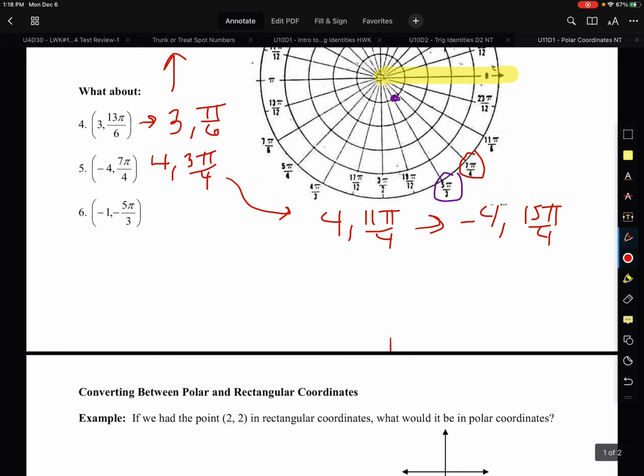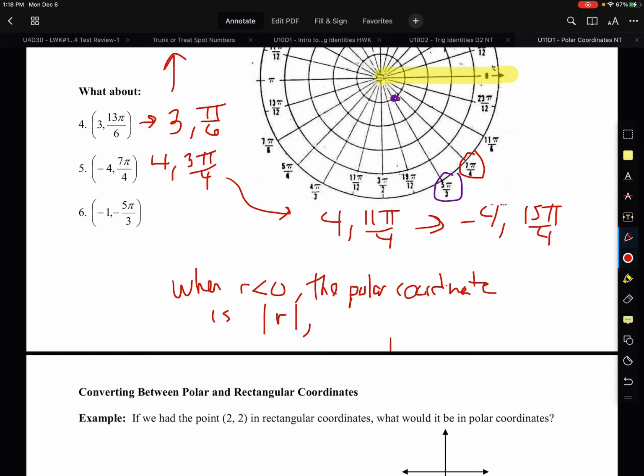All right, when r is less than 0, meaning it's negative, the polar coordinate is always the absolute value of r, comma, theta plus pi or theta minus pi.